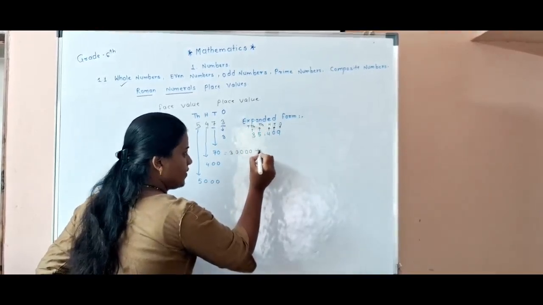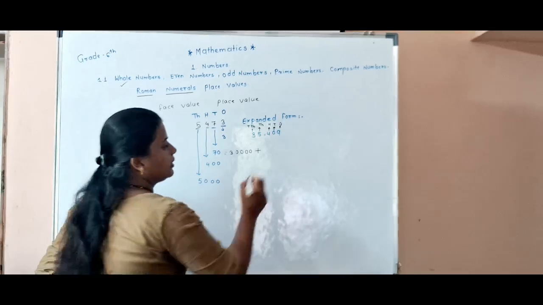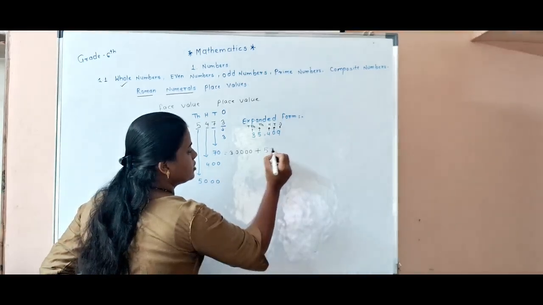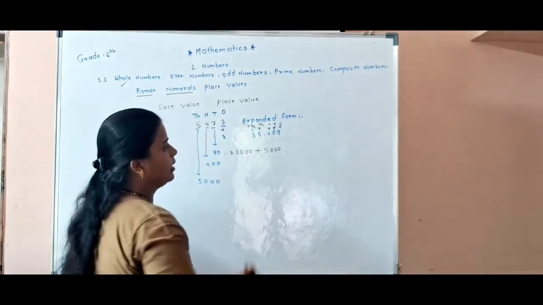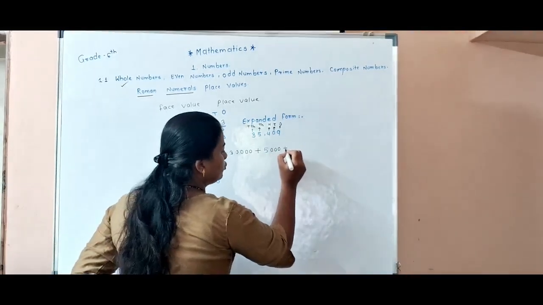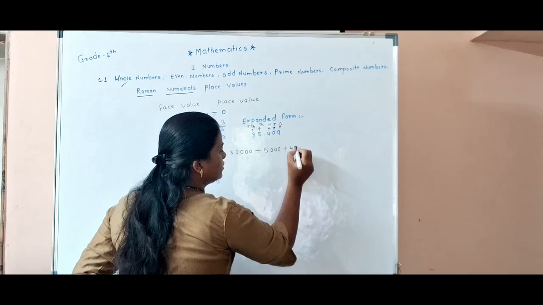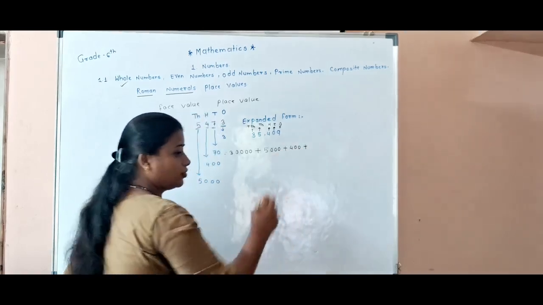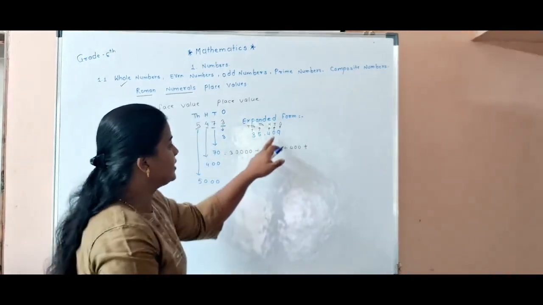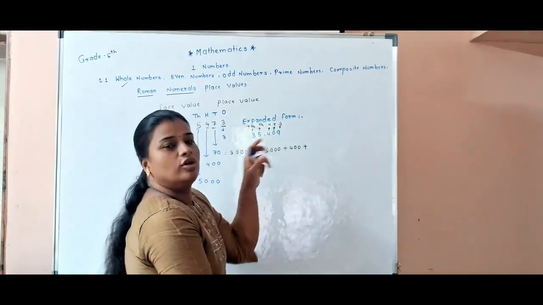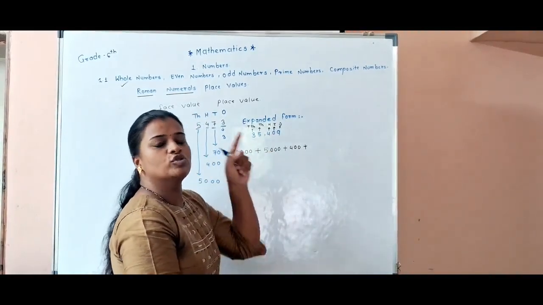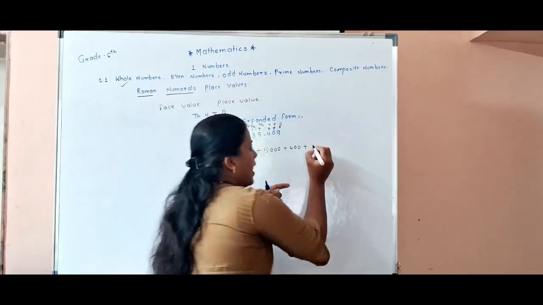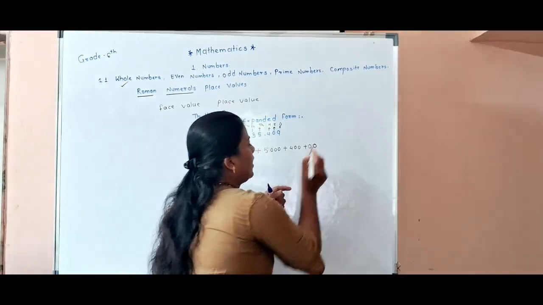Plus, give the sign of addition. Plus 1,000. How many zeros? 1, 2, 3. Exactly. 100, 2 zeros. 400. Now, on the tens place it is 0. Though it is 0, you are supposed to write 0 also. And how many zeros will you add?